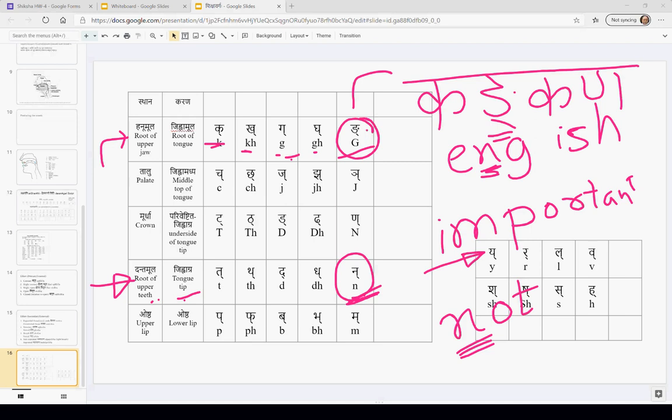Now take the next example, English here. English. Here also the writing in the English alphabet is N only. But actually in pronunciation, we are not using this na here.